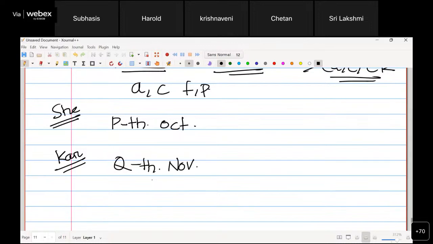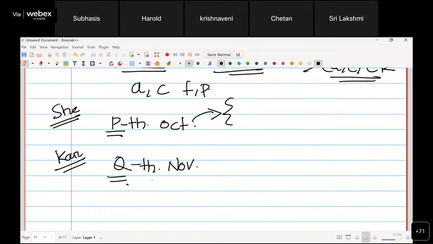P is a perfect square, Q is a perfect square, and the difference between their birthdays is 10 days. So what are the perfect squares in the month of October?